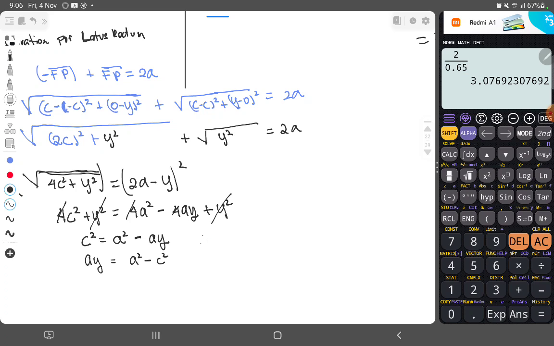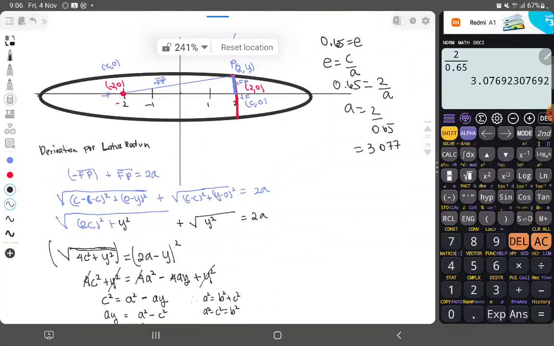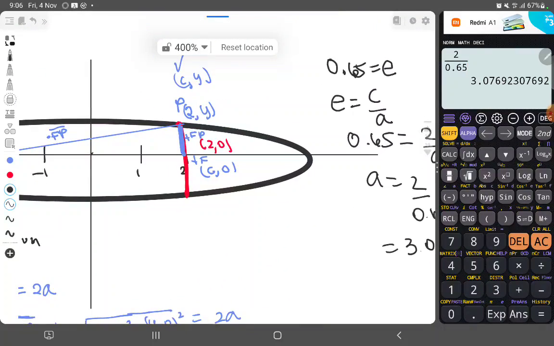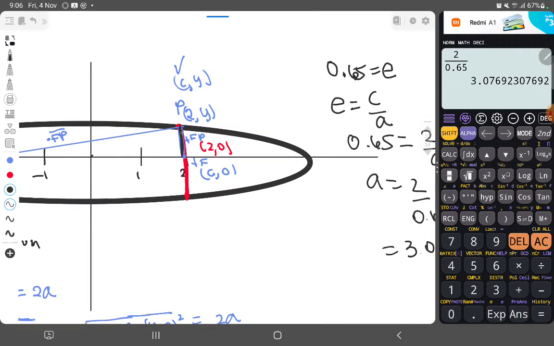And we all know that our A square is equal to B square plus C square. So A square minus C square is equal to our B square, right? So from here I will have AY is equal to B square and Y is equal to B squared all over A.